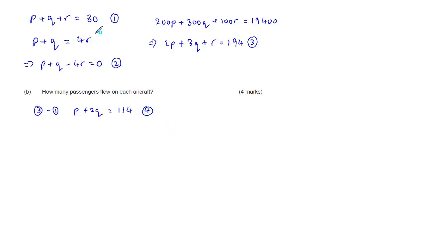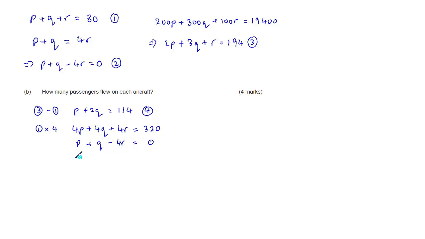Now, if I do equation 1 multiplied by 4, that gets me 4P plus 4Q plus 4R is equal to 320. And then equation 2 is P plus Q minus 4R equals 0.